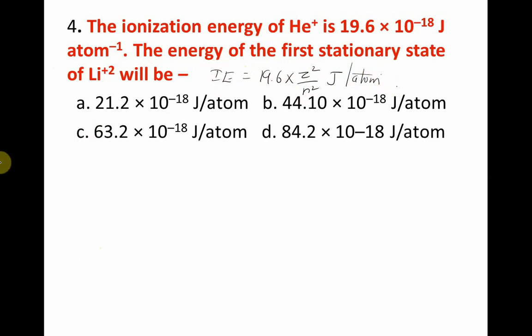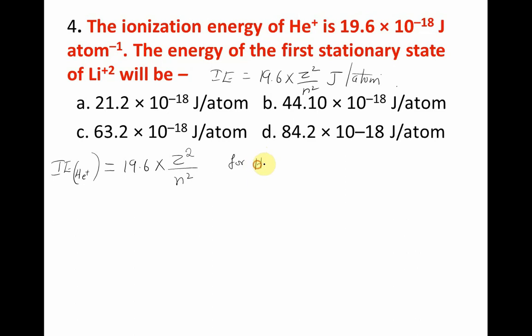For helium, first I will write the ionization energy of He plus is equal to 19.6 into Z square by n square.